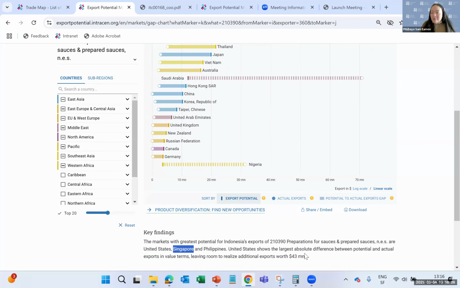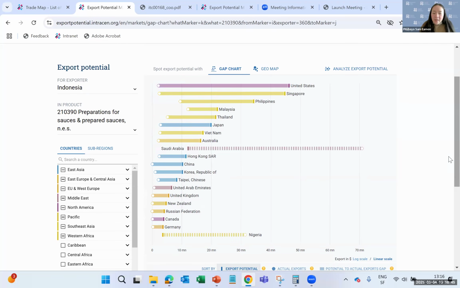Singapore obviously is a transshipment hub, so it will go somewhere else, just like the Netherlands that we're trying to do. Then United States shows the largest absolute difference between potential and actual export in value terms, leaving room to realize additional export worth 43 million US dollars.